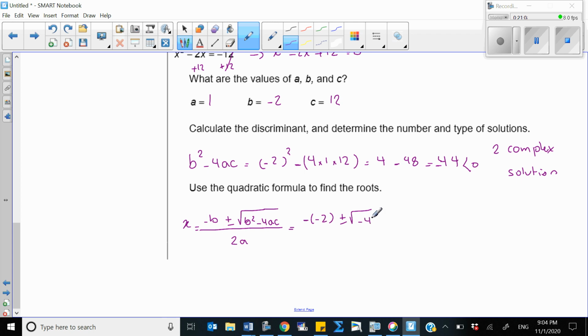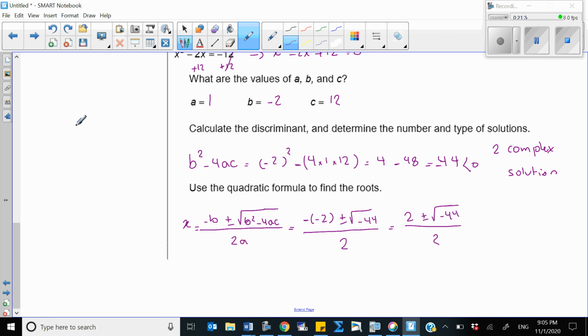So it's negative 44 here, divided by 2 times a, which is 1. So 2 times 1 is 2. So I can write this as negative times negative is positive 2 plus and minus square root of negative 44 divided by 2.